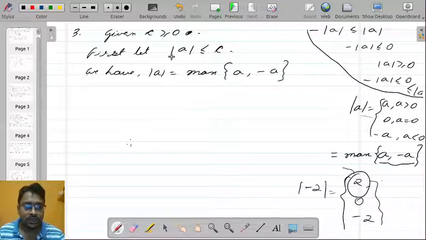So now you see that mod A is less than or equal to C and mod A is maximum of this 2.